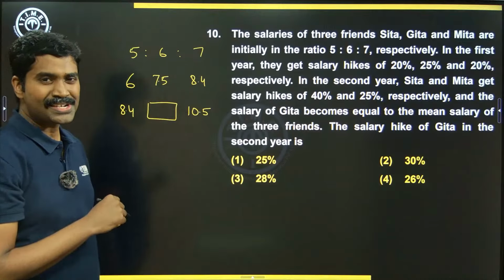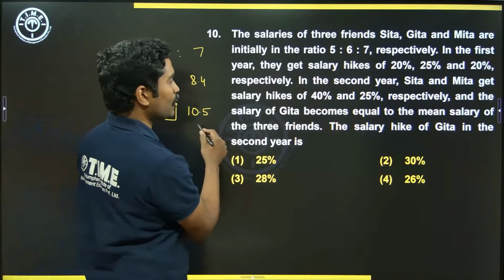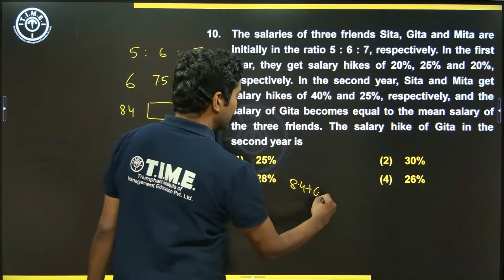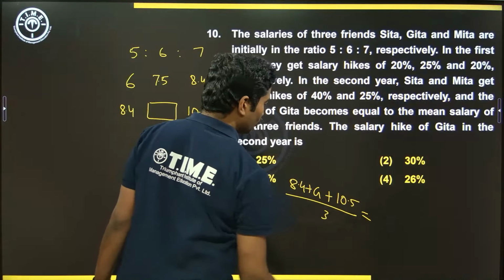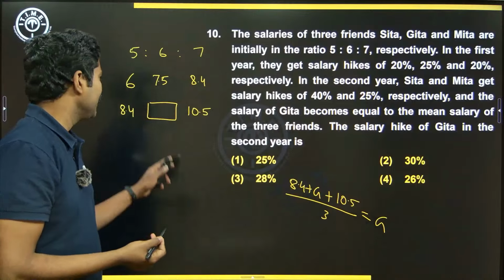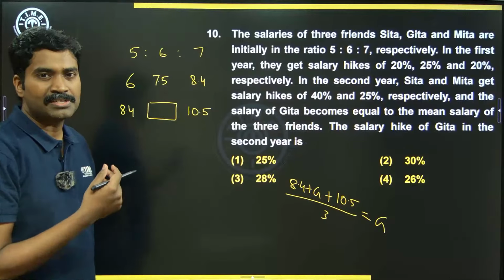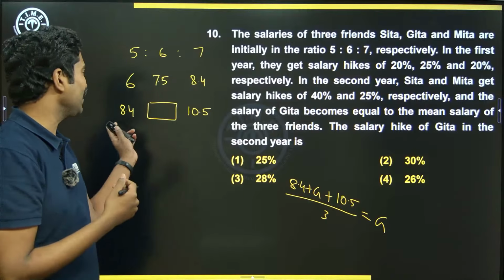Here there's a small trick. How will we express this? Salary of Geeta, I don't know. Should we take it as 8.4 plus Geeta plus 10.5 by 3 is equal to Geeta's salary? There's no need to do that, right? If salary of Geeta is equal to the mean salary of the 3 friends, you might as well say Geeta's salary is equal to the mean salary of the other 2 friends.